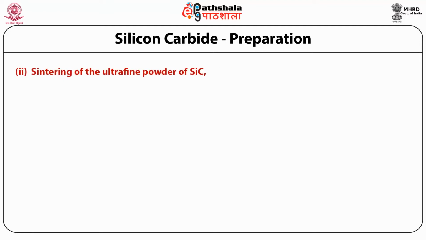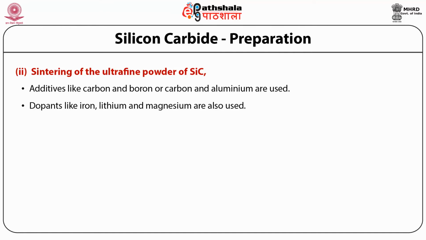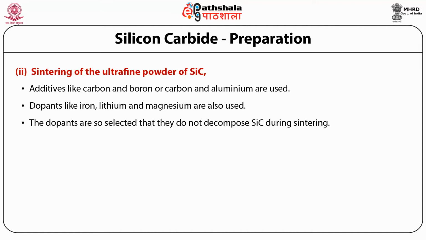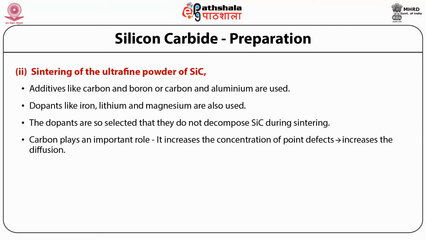In the sintering of ultrafine powder of silicon carbide, additives like carbon and boron or carbon and aluminium are used. Dopants like iron, lithium and magnesium are also used. The dopants are so selected that they do not decompose silicon carbide during sintering. The carbon plays an important role during the sintering of silicon carbide.